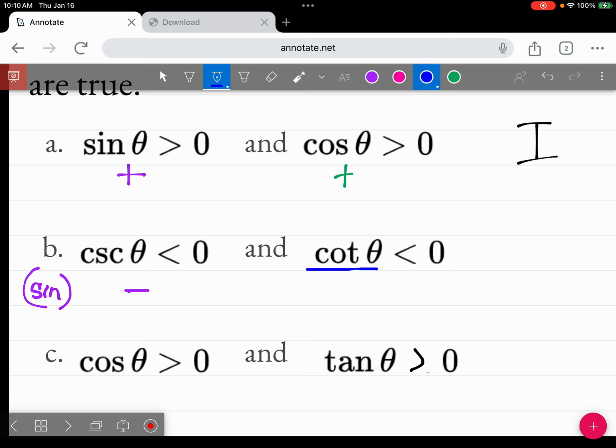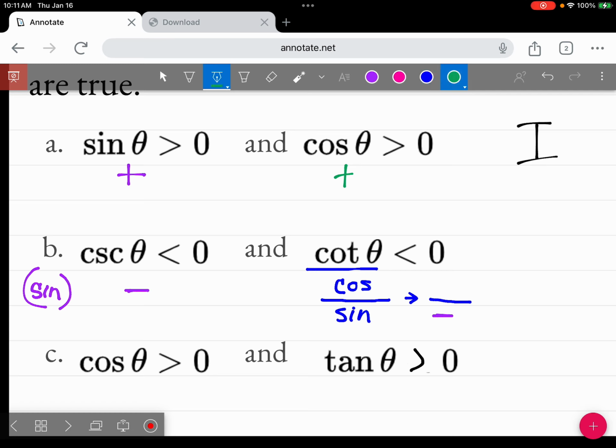Cotangent, that relates to tangent, though. So cotangent, are we expecting that to be positive or negative? Negative. So cotangent, we typically get made up of cosine over sine, right? So if I know that sine is negative, and I need the whole thing to be negative, what is my numerator going to be?